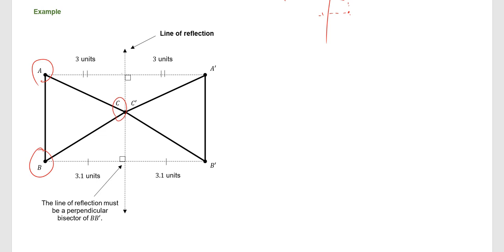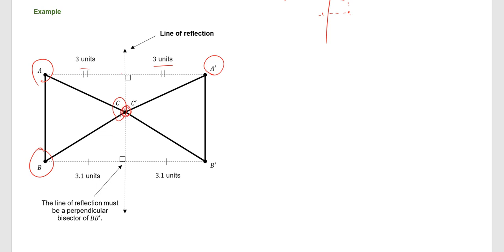So in this case, point A is 3 units away from the line of reflection, so point A prime, the reflected point, has to also be 3 units away from the line of reflection. Point B, same for point B, 3.1 units, 3.1 units. Point C is on the line of reflection, so the reflection is at the same location.